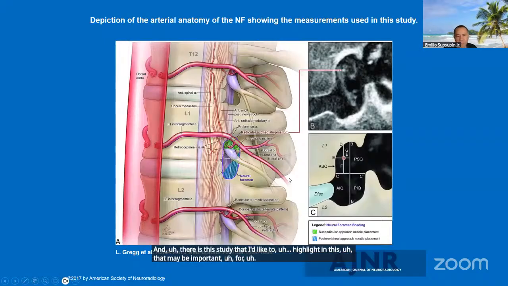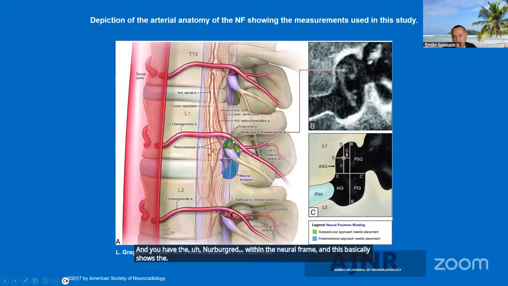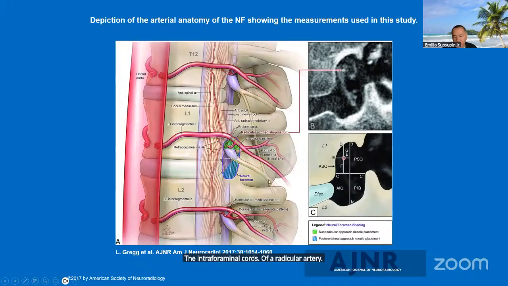And there is this study that I'd like to highlight that may be important for transforaminal approaches. You have the neurovascular structures starting from the intersegmental artery going distally, and you have the nerve root within the neural foramen. This basically shows the intraforaminal course of a radicular artery in relation to the exiting nerve root and the neural foramen.